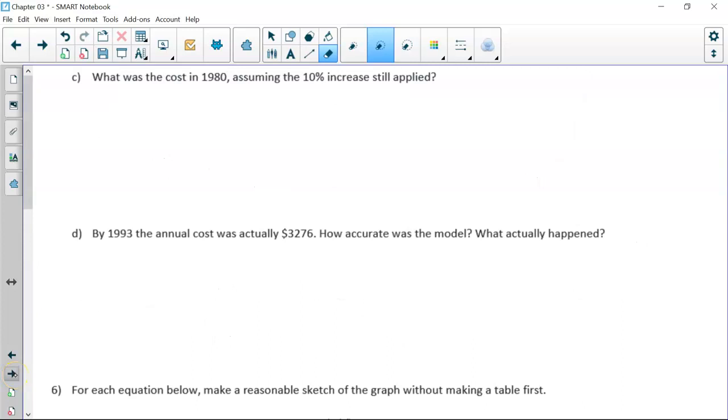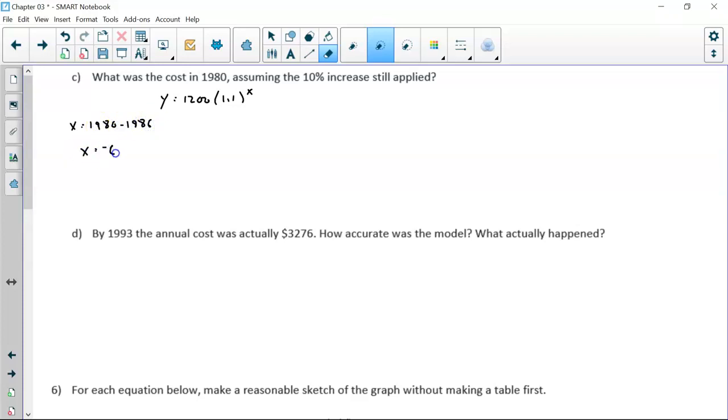What would be the cost in 1980, assuming that it still had the 10% increase? So we're still using y equals 1,200 times 1.1 to the x. Now, x equals 1980, our current year, minus 1986, our starting year.